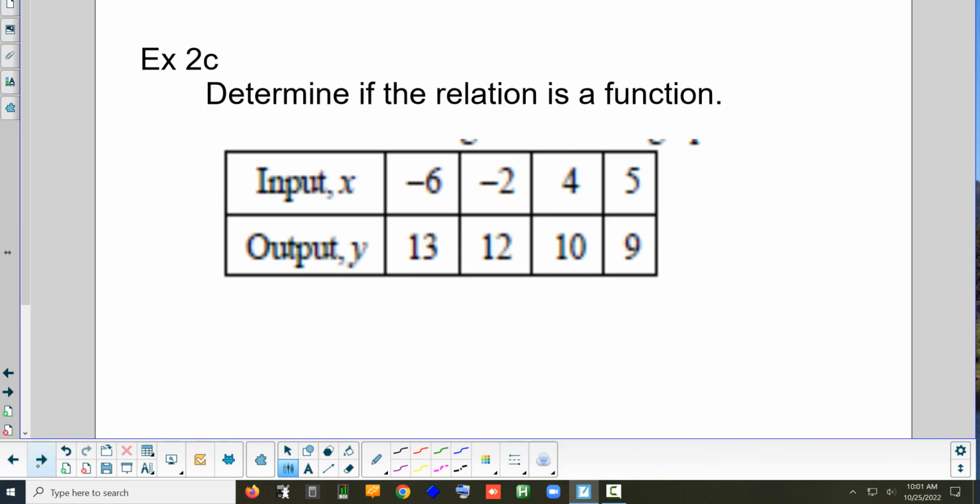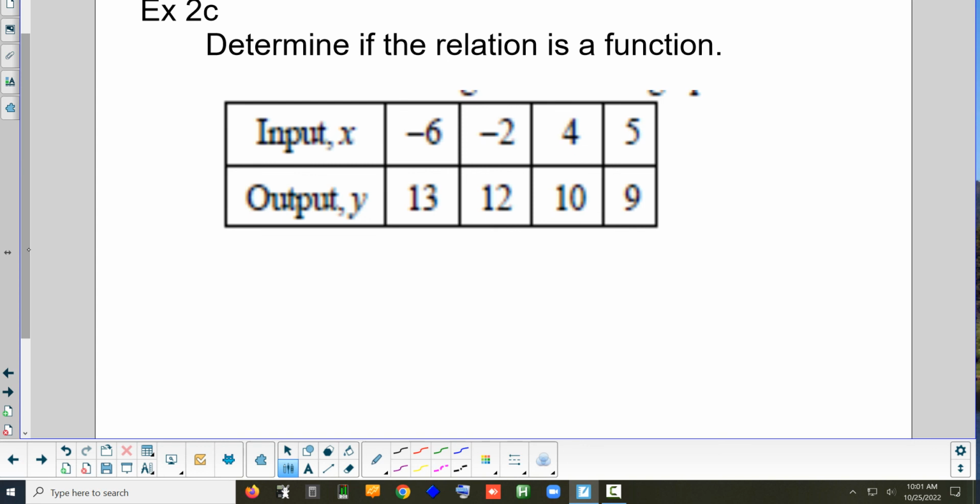If the table is confusing, you could write it as coordinates. What this table really means is this. You could translate it to coordinates by putting the number that's in the x row first, and then put the number in the y row second.